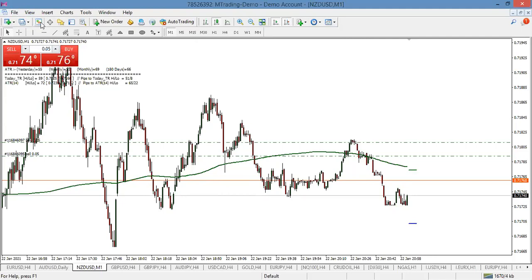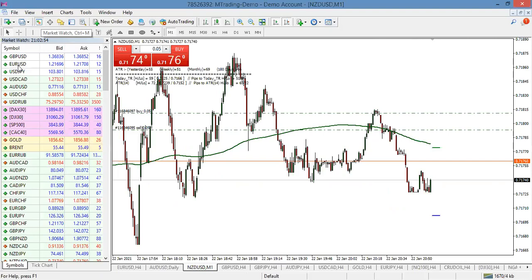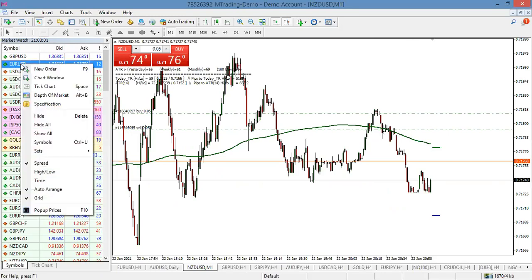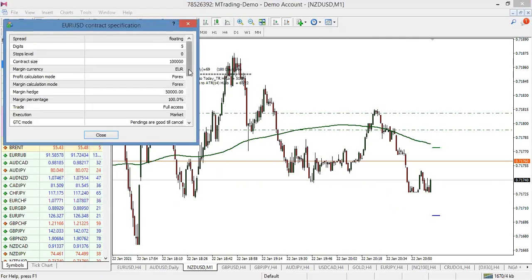So let's go to Market Watch. This is Market Watch 2. You click on it. Now, if you want to know the swap you'll be charged and the spread and everything, you right click. Once you right click, you see specification. You click on specification. Let's scroll down.